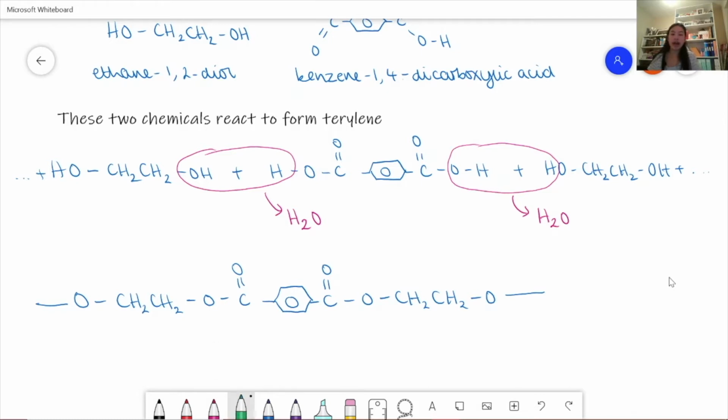Now you can see that we have these ester groups that are repeating. So this here is an ester group. And so is this one. And there'll be many more down the line. And this is why this is called a polyester.